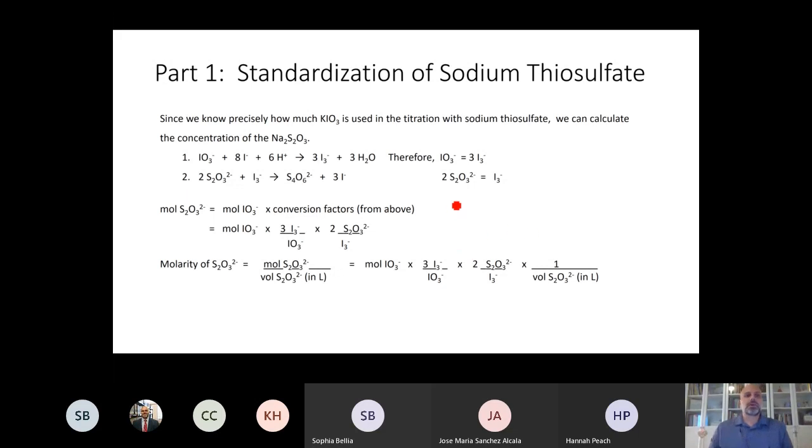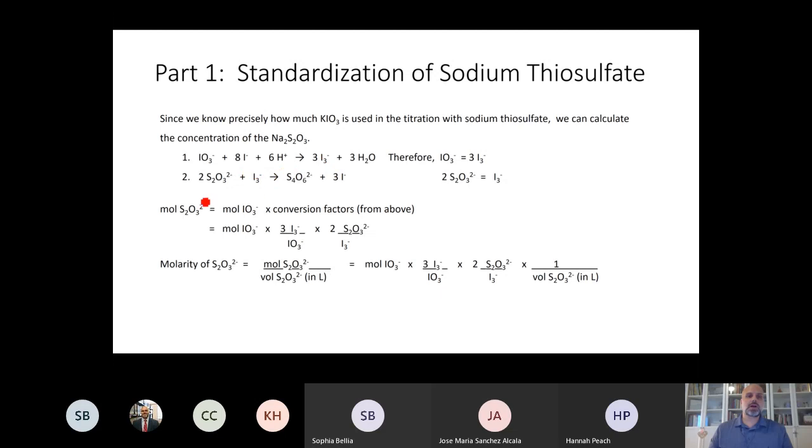Since we know precisely how much potassium iodide is used in the titration with the sodium thiosulfate, you can calculate the concentration of the sodium thiosulfate. Here are the two different reactions from the previous slide, where we take the iodate and react it with iodide in the presence of acid to give our triiodide.